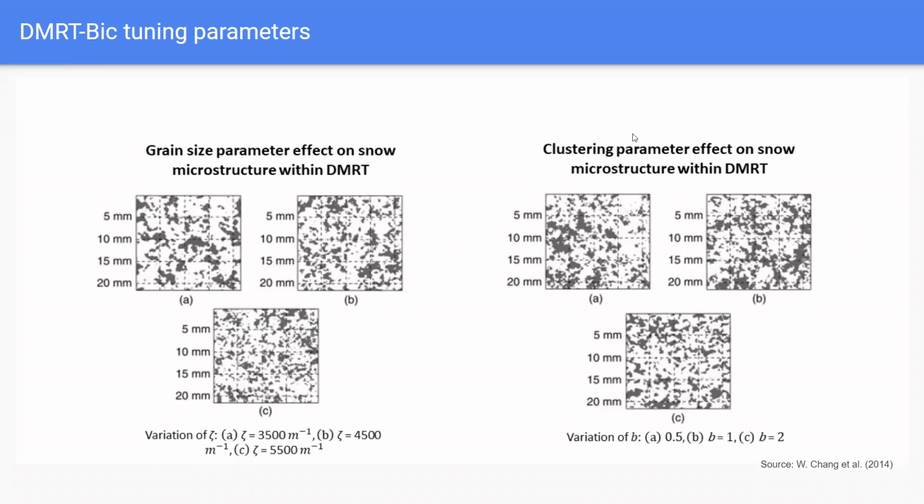You also have a clustering parameter B, which shows the clustering effect within the DMRT model. As you can see here, if you increase this clustering parameter, the clusters decrease. Those are two tuning parameters that we need to run the DMRT model, but they are not within the snow pits. So you have to find a relation between the snow pits and these tuning parameters.